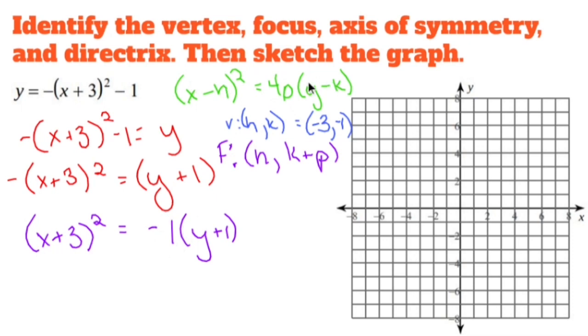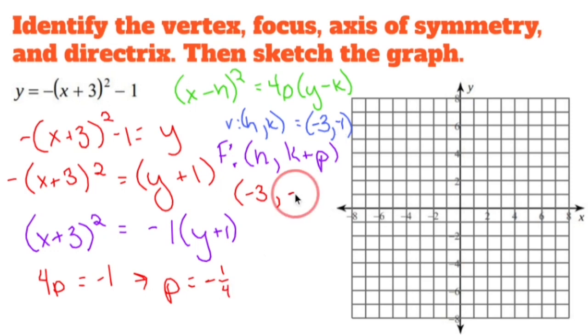So comparing this to this, I'm going to let 4p equal negative 1. If I divide both sides by 4, p is negative 1/4. So my focus is h, and I already know that h is negative 3. k plus p is going to be negative 1 plus negative 1/4, so negative 1 1/4.